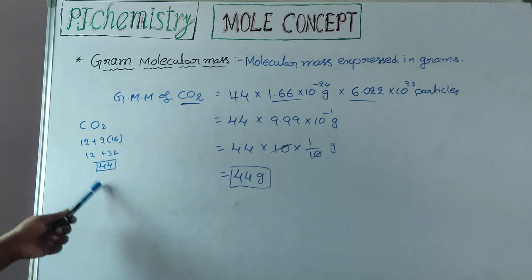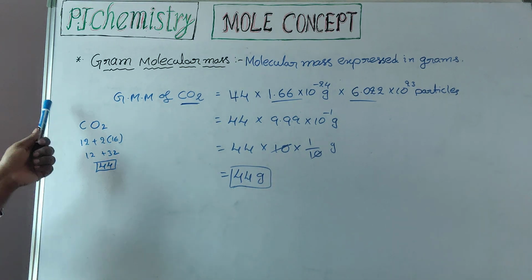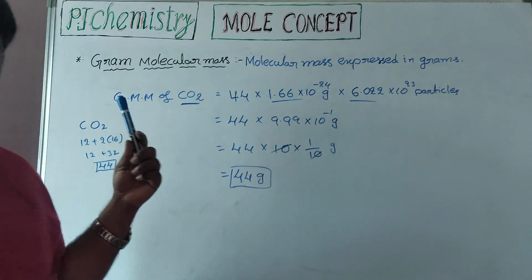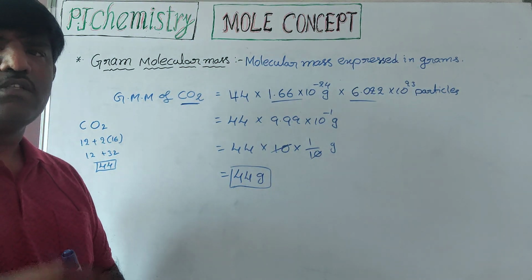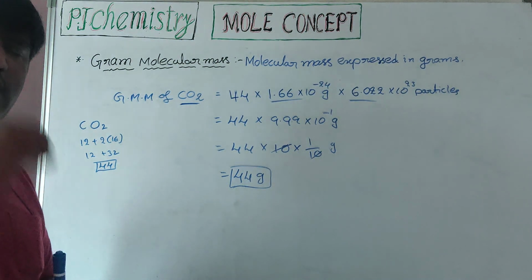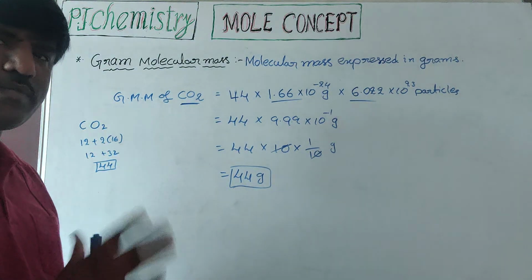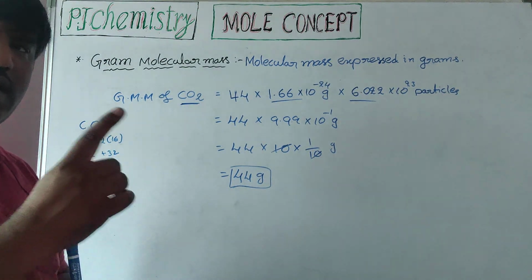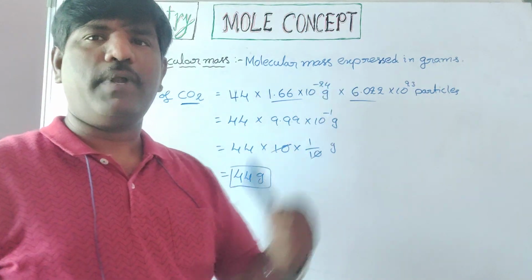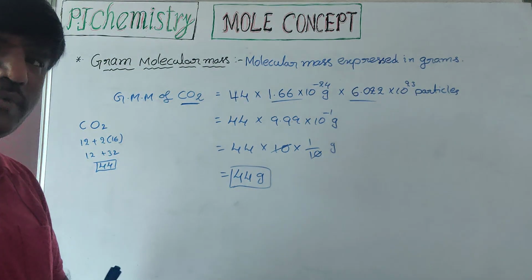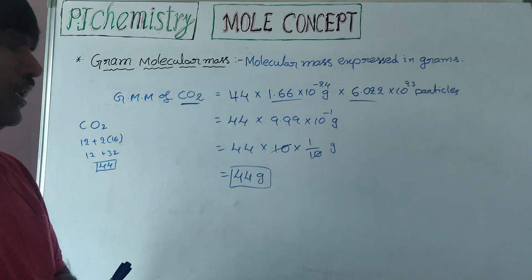Total mass number is 44. Molecular mass of CO2 is 44. That expressed in grams is gram molecular mass. So whenever you express it in grams for any molecule or any atom, that contains how many particles? 6.022 × 10^23 particles. That you have to remember. Okay, children? Thank you.